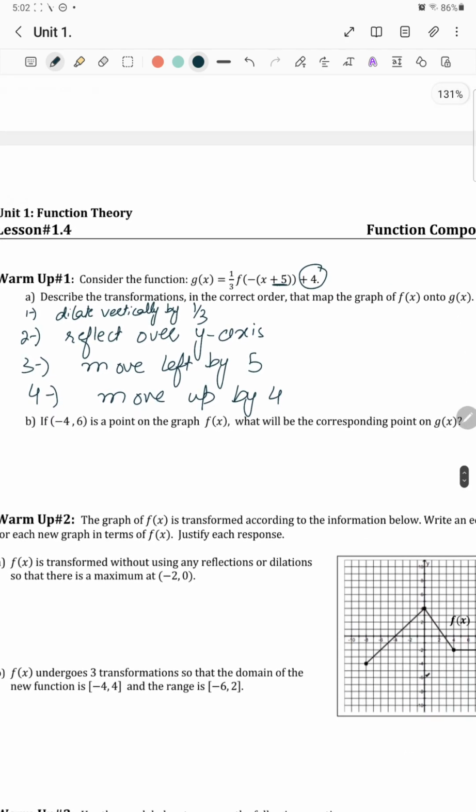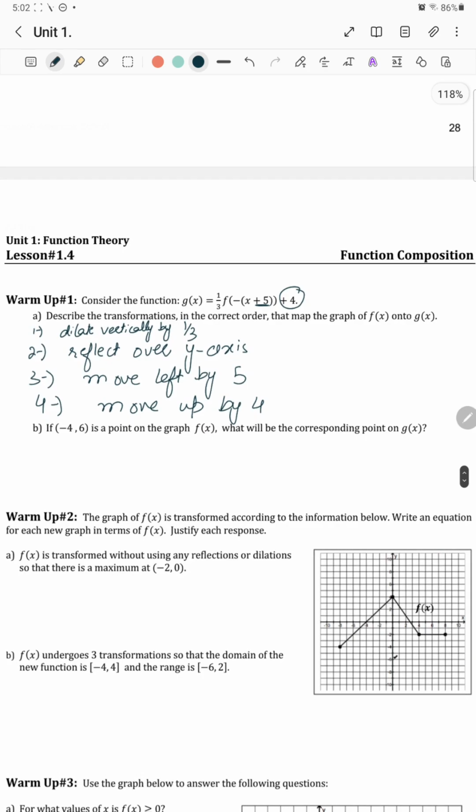If minus 4, 6 is a point on the graph f of x, what will be the corresponding point on g of x? Reflect over y-axis means changes in the x values, so we change the x values by minus 1. So minus 4 becomes plus 4.